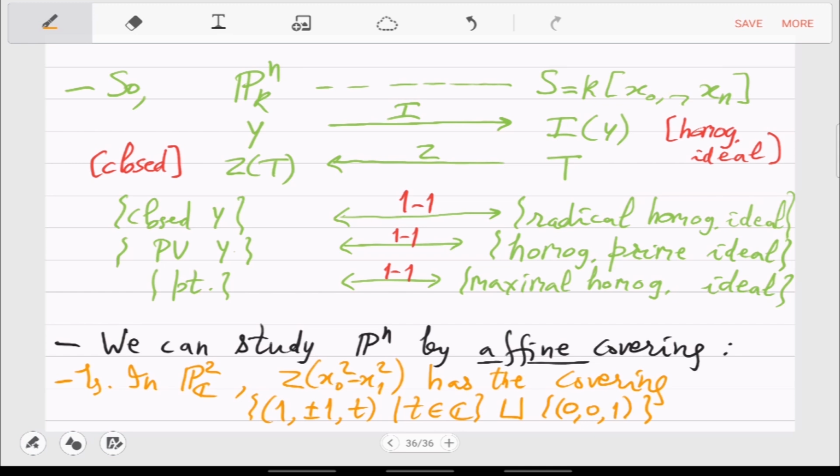So what we will do now is we'll just look at this as two affines covering the projective closed set. The first one is the first affine component, and the second is the second affine component. The union of this we call an affine cover. So let's just formalize this simple thing. Is this clear? Example.